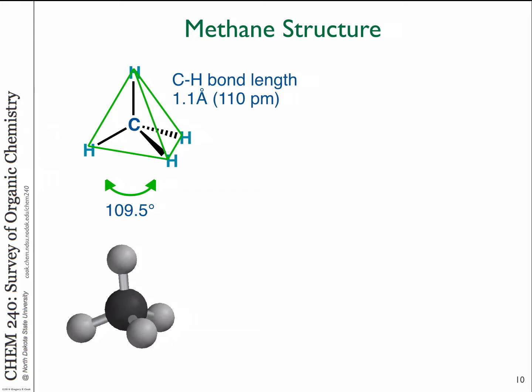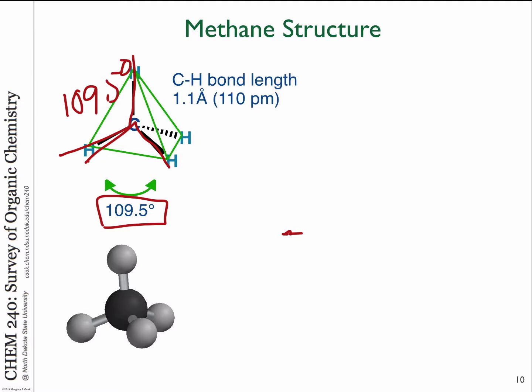It forms a tetrahedron, the atoms of hydrogen around the carbon are spread out equally. Between each hydrogen carbon bond, it's 109.5 degrees. If you were to measure that angle on any one of those, this one would also be 109.5 degrees.